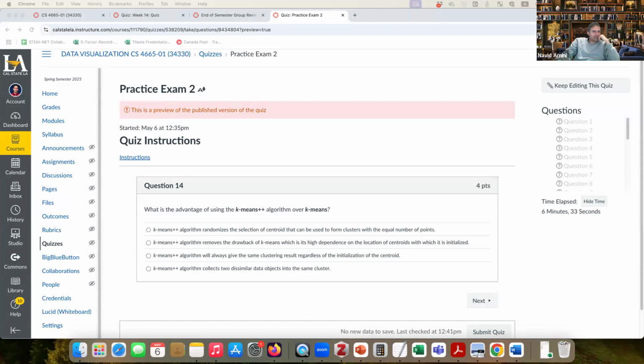Now let's discuss this. This was in the practice exam. So what I put in there was from the quiz. So is this wrong? Is there anything wrong with this statement?